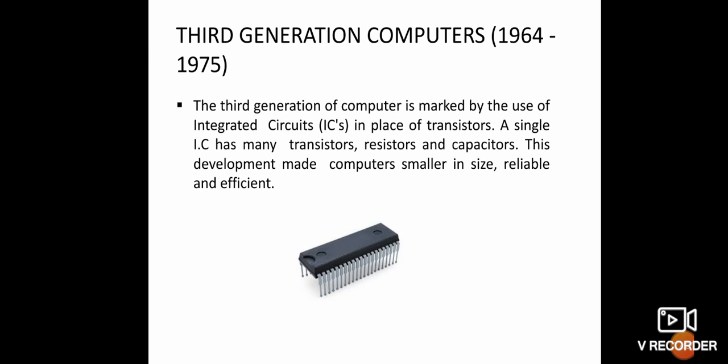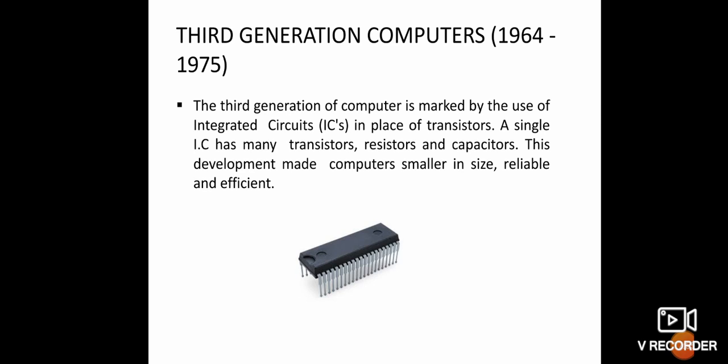Next, resistor. A resistor is used to reduce current flow. It adjusts signal levels and it is also used to divide voltages among the devices. Then capacitor. A capacitor is a device that stores electric energy in the electrical field.